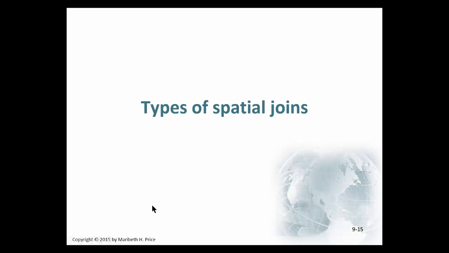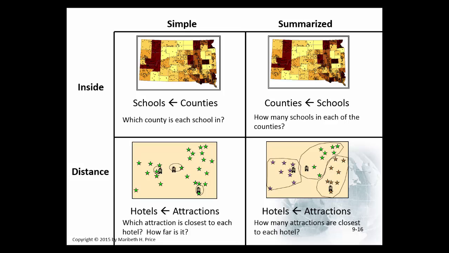Spatial joins will fall into four main types according to the cardinality of the relationship between the join layers, simple or summarized, and the choice of spatial criteria, inside or distance. A simple join may be used whenever the cardinality is one-to-one or many-to-one, so that the rule of joining is maintained.